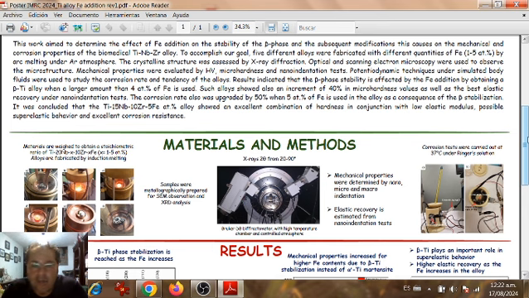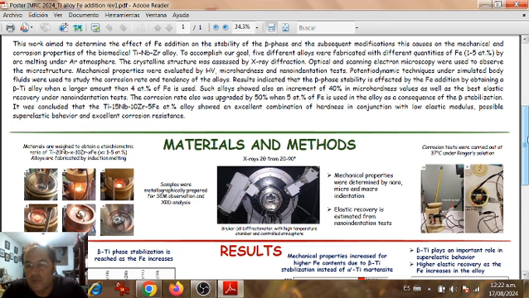The alloys were then metallographically prepared to observe the microstructure by scanning electron microscopy, and then the X-ray diffraction patterns were obtained to determine the crystallographic phases in the materials.